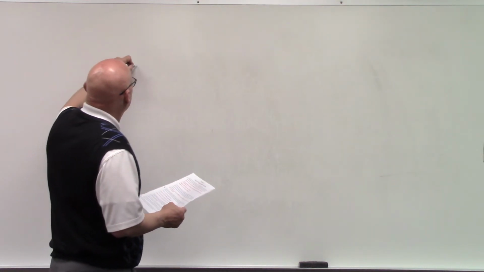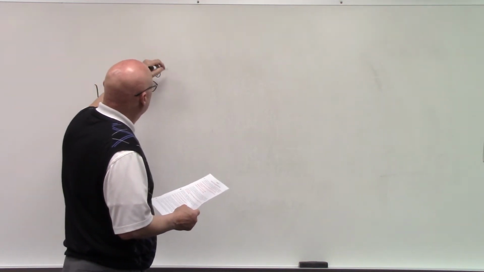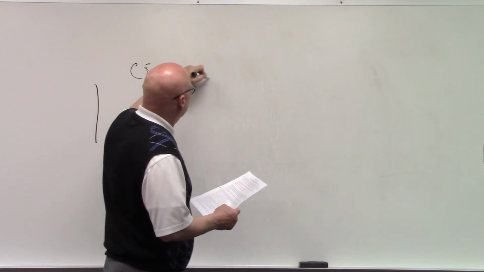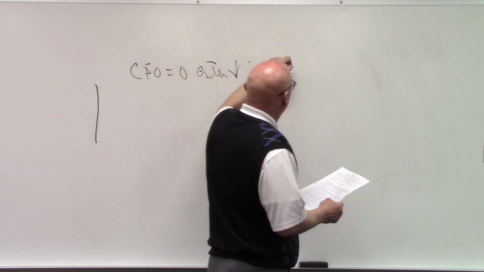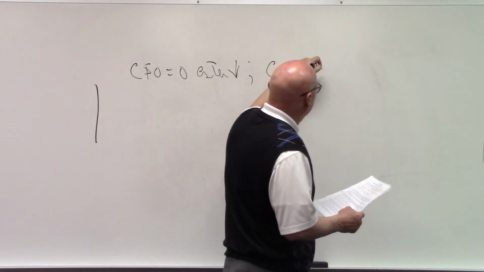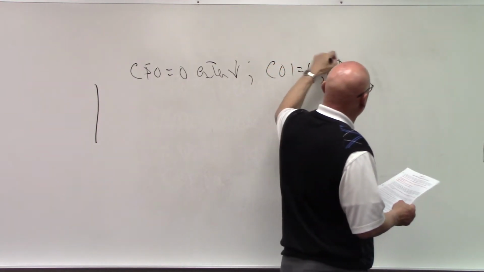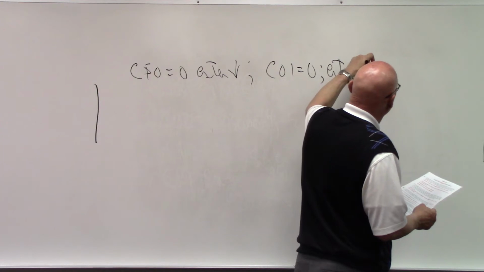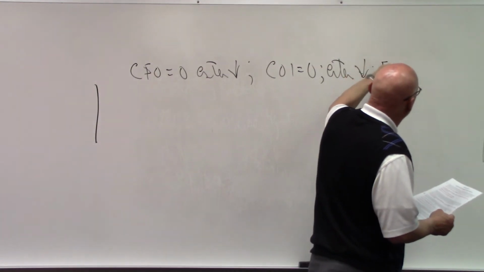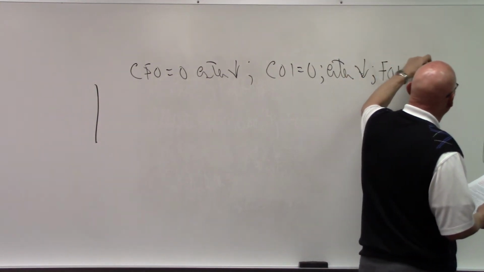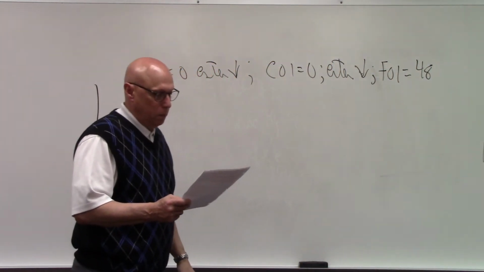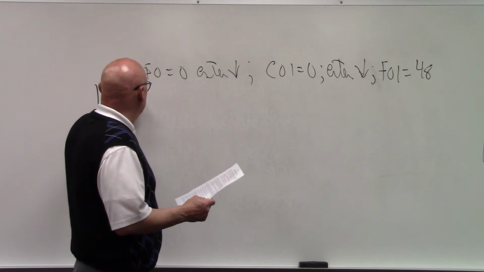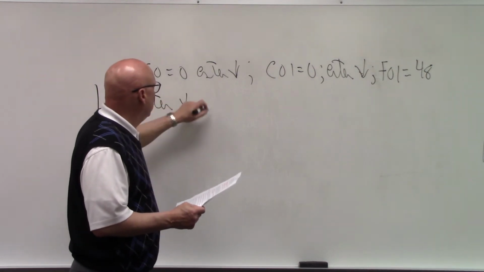So, CF0 equals 0, enter and down arrow. CO1 equals 0, enter and down arrow. FO1 equals 48. 48 months, 4 years. Okay? Enter and down arrow.